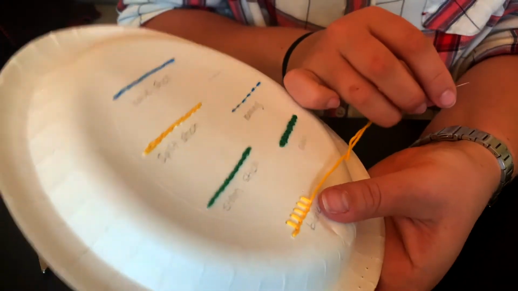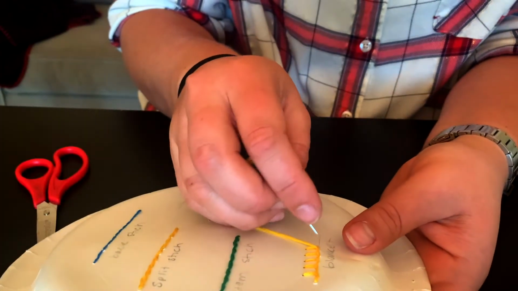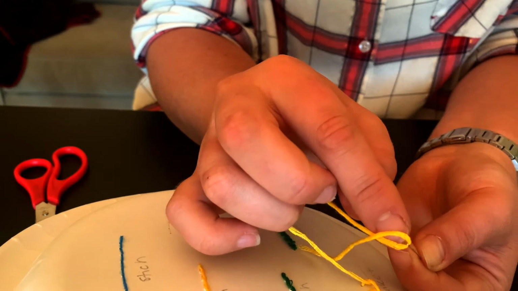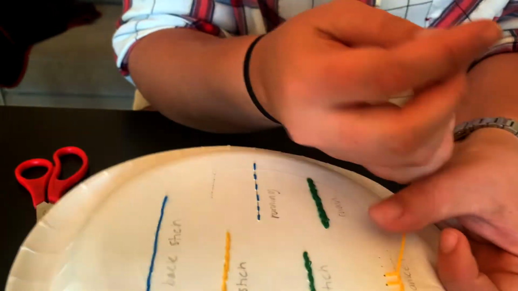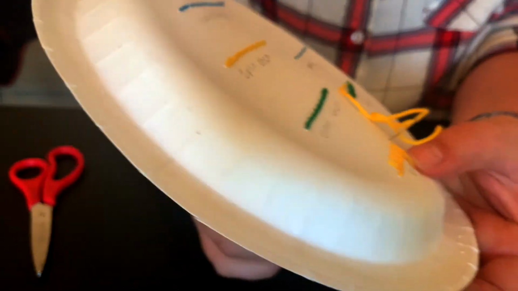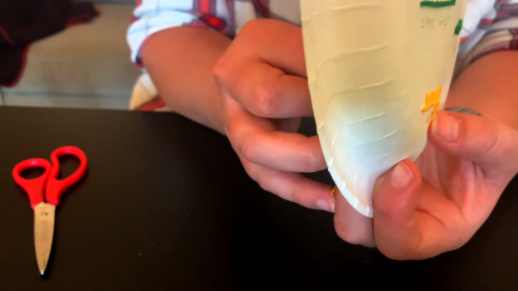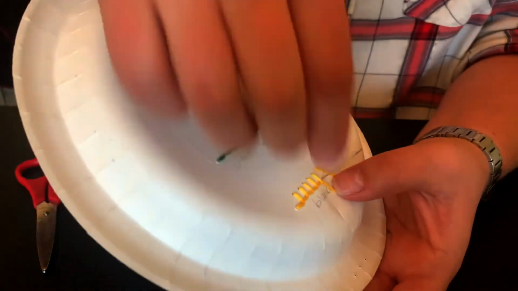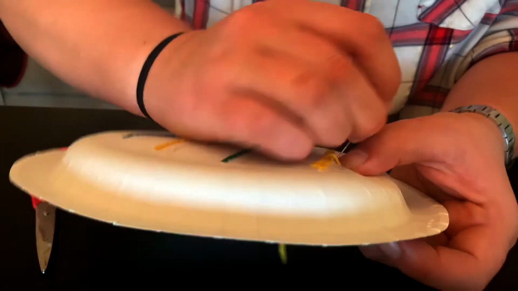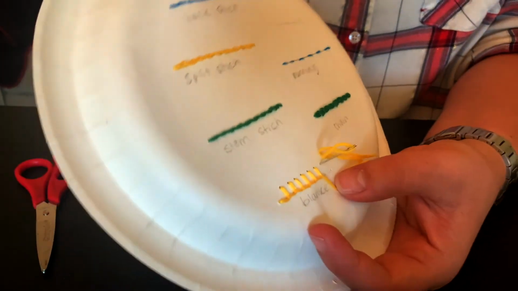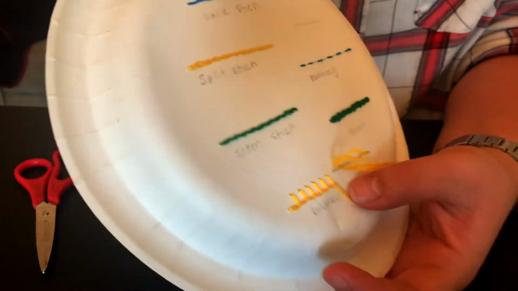And the reason I'm struggling is because the holes aren't exactly the same width as the needle plus the string. So I'm kind of having to pull it through a little bit harder than I might if it was just regular fabric. But again, I think that it's really helpful to start with a stiff material like a plate, and it's really easy to hold.